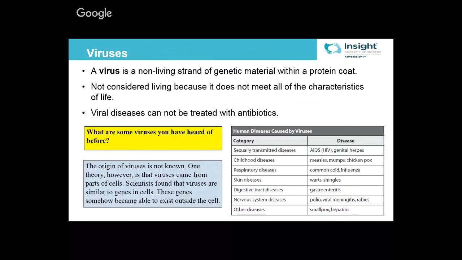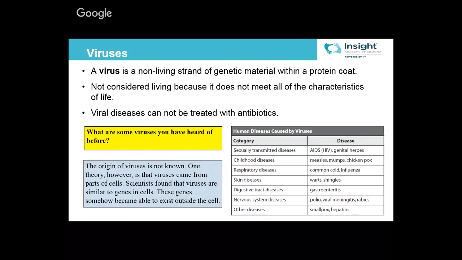It does not necessarily respond to its environment, although that's argued. It does not have a metabolism, but it can hijack a cell to have one. So it really doesn't meet the characteristics of life.